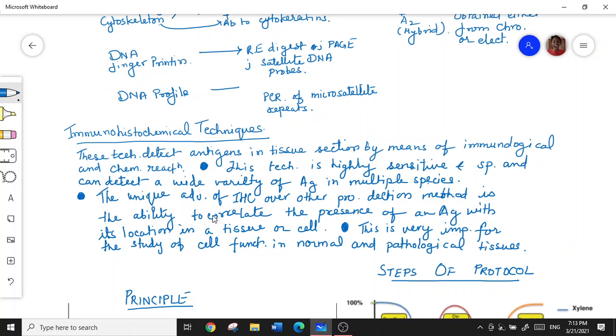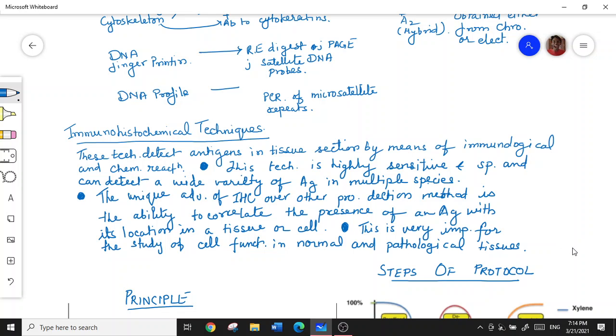So the technique can be followed in intact tissues or single cell suspension also. And this is very important for study of cell function in normal and pathological tissues, because it is seen that under normal conditions, the position and presence of antigen differs from the pathological tissues.